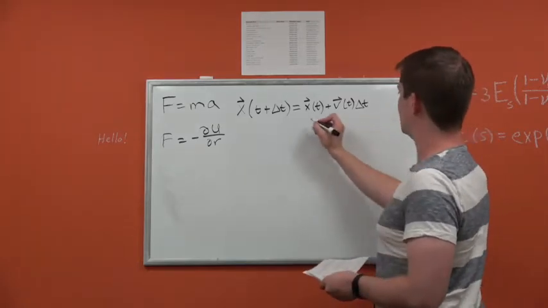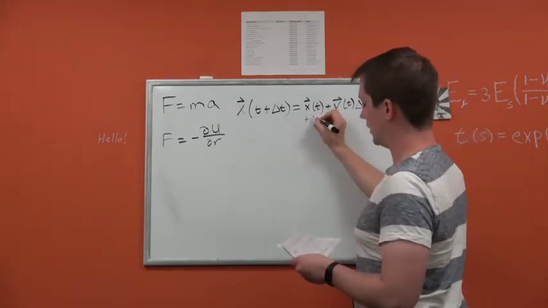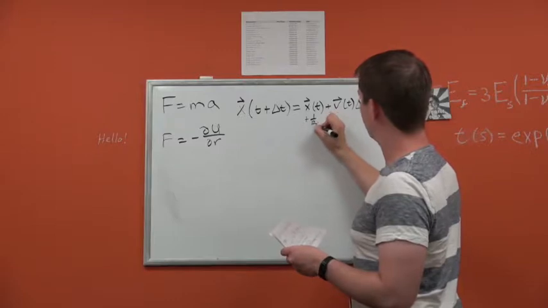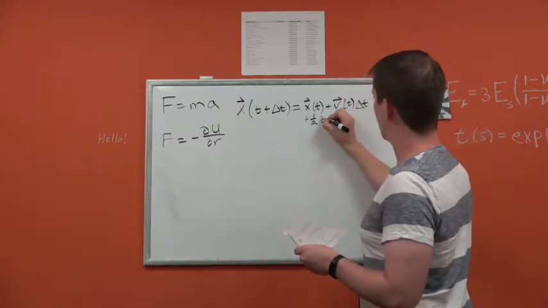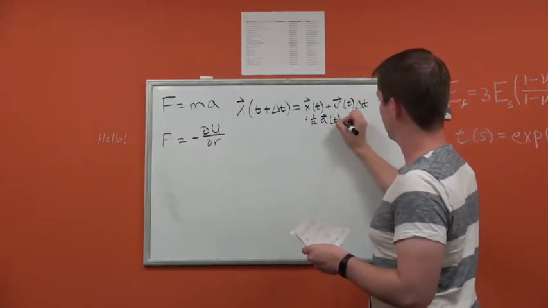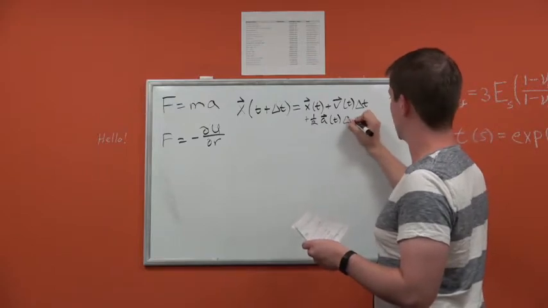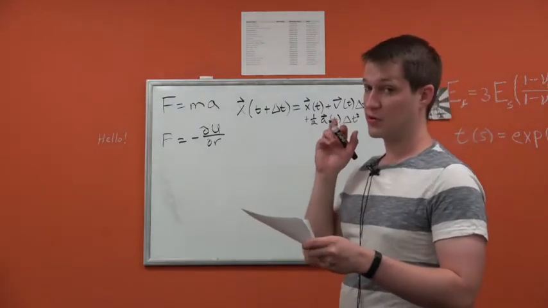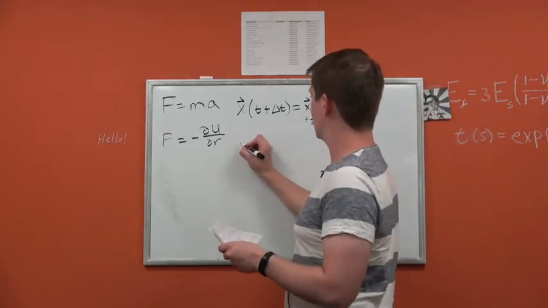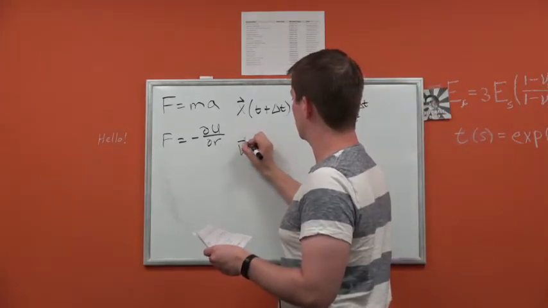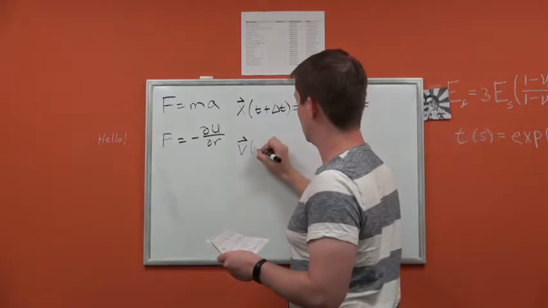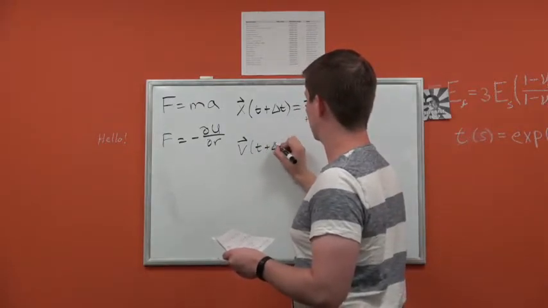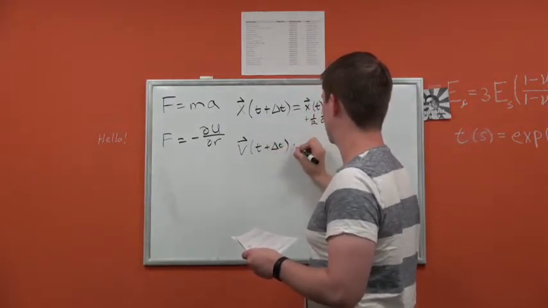And then we're also going to add 1/2 of the acceleration at the original time times delta t squared. All right? And the way we're going to update our velocities is we've got our velocities at the new time, the original time plus a small increase in time delta t.